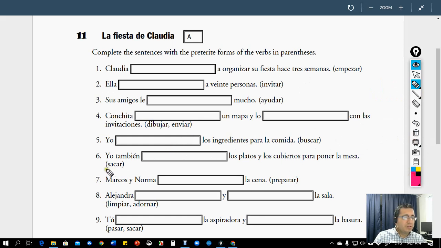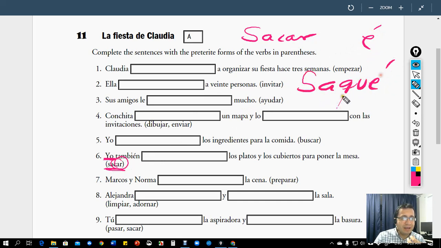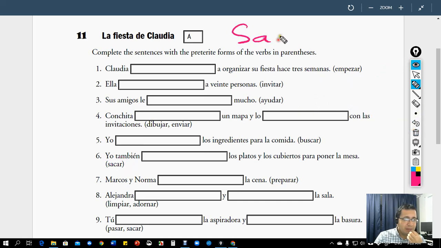So if we're going to say sacar, we have the sound ca in sacar. But because it's yo and finishes with the é sound, it's saqué, because it's with the sound K. Sacar originally uses the sound K. So yo, I'm sorry, yo saqué.